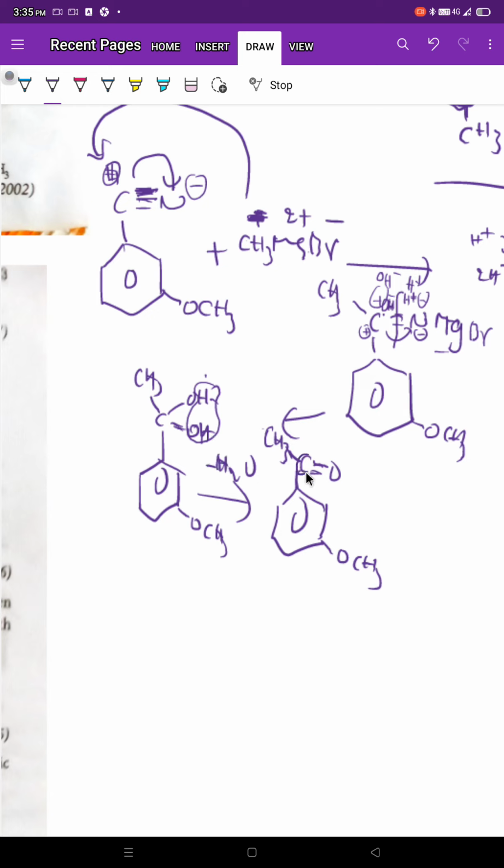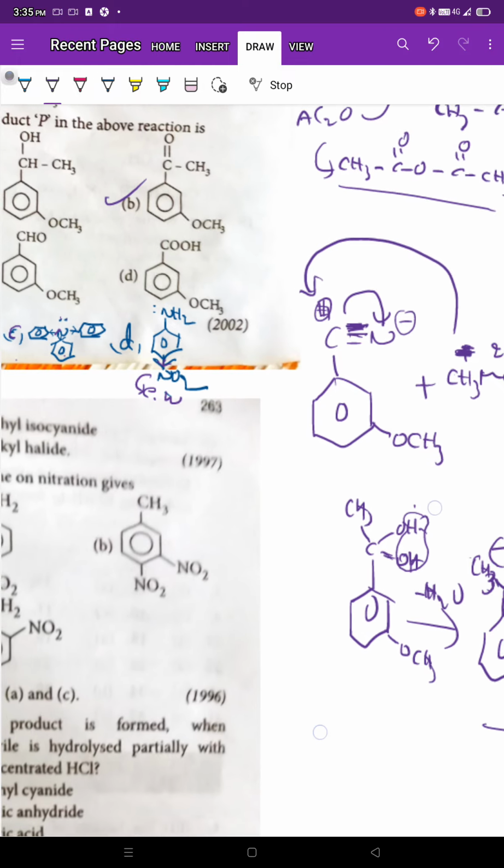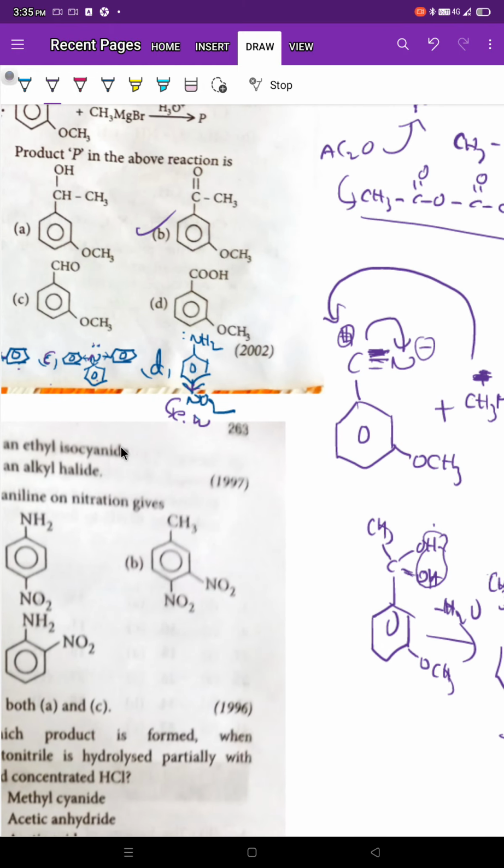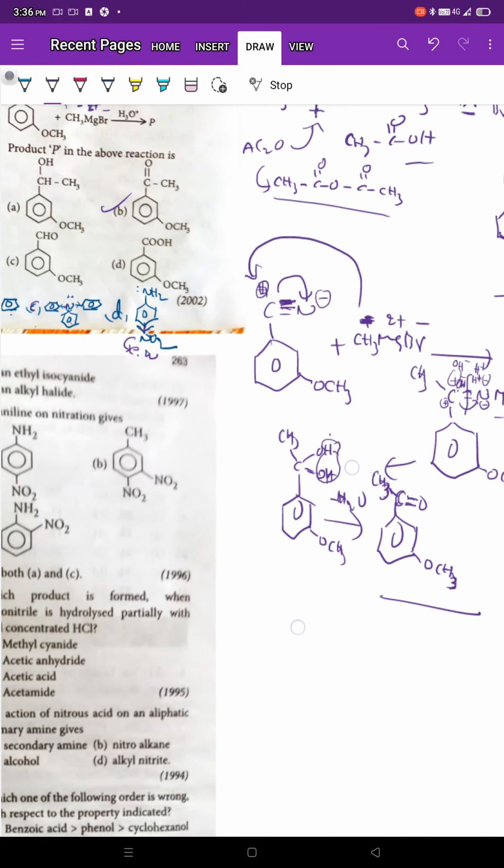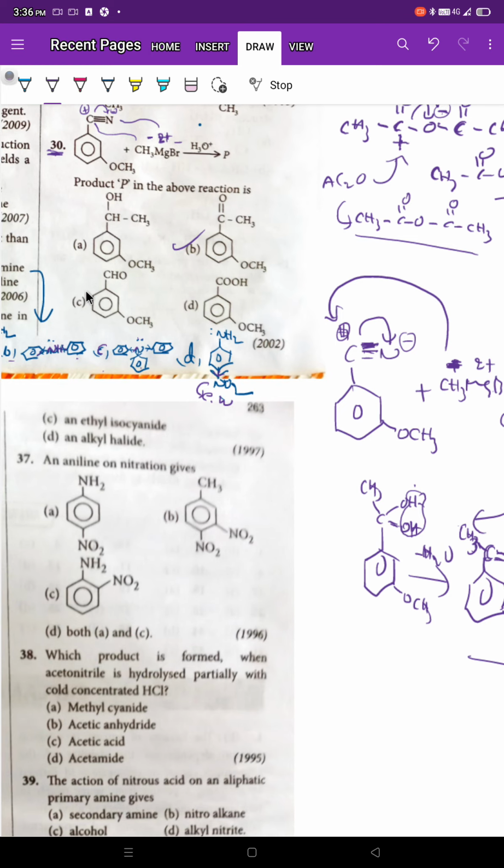Then you may write like this. This is the way you can get the product. Let us see the product where it is. C is the product you can get.